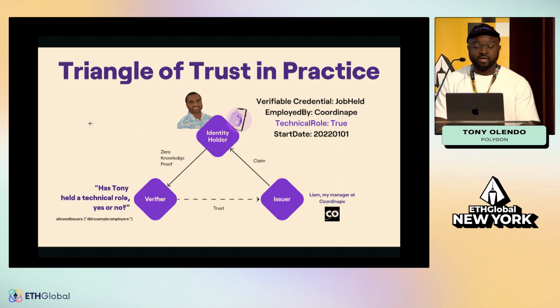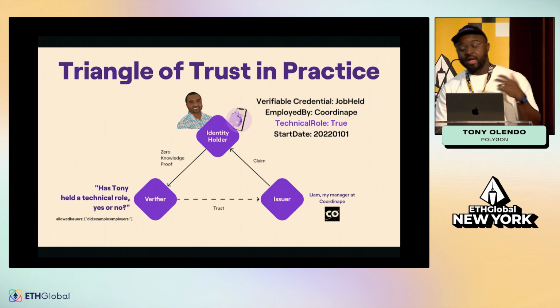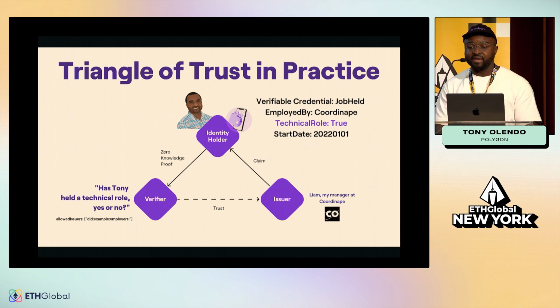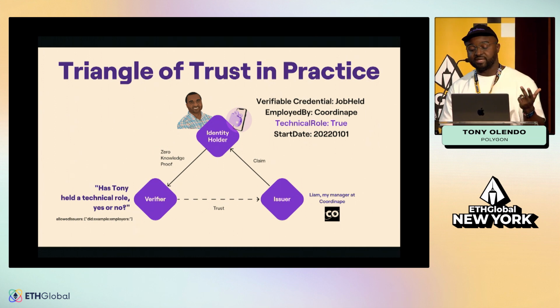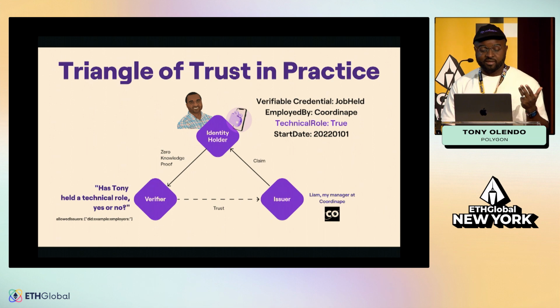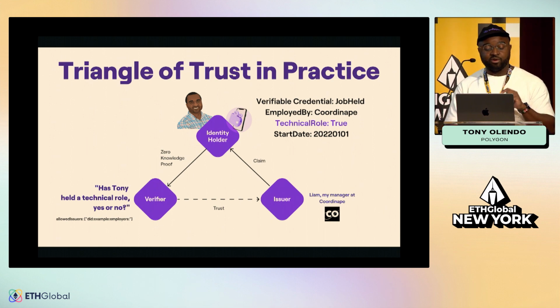So that's one of the easiest and simplest ways of looking at it. But if you look at it in practice, I could have my former manager Liam at Coordinate issue me a verifiable credential using the schema that we defined. And the schema has about three different claims: the name of my former employer, whether or not I had a technical role, and my start date. And using a zero knowledge proof, I can now present that information to a particular verifier, and the verifier doesn't need to know the full details.